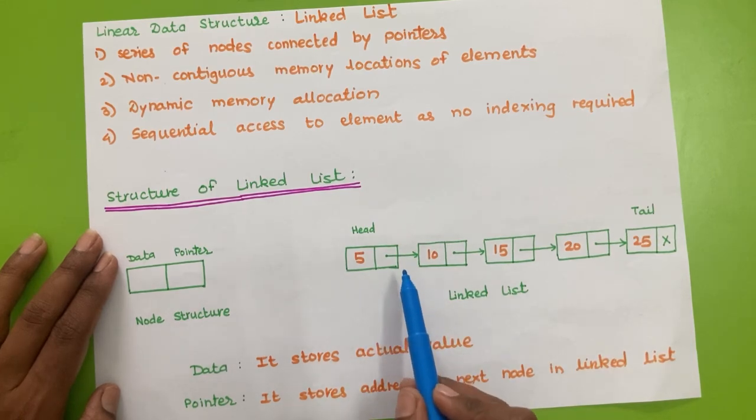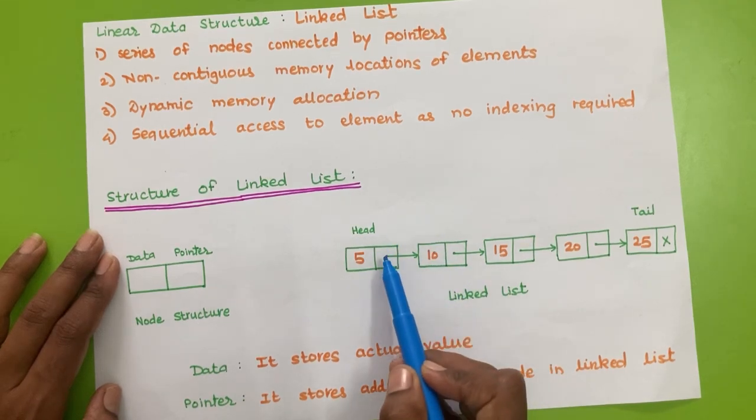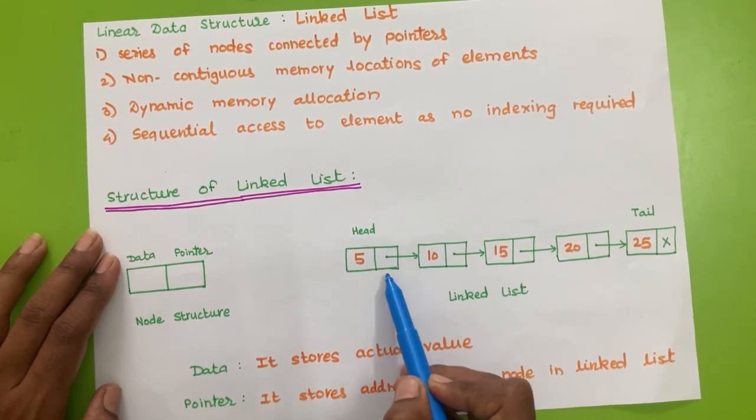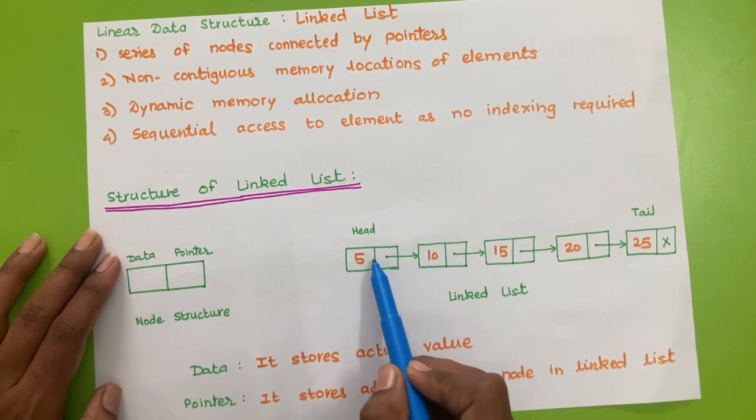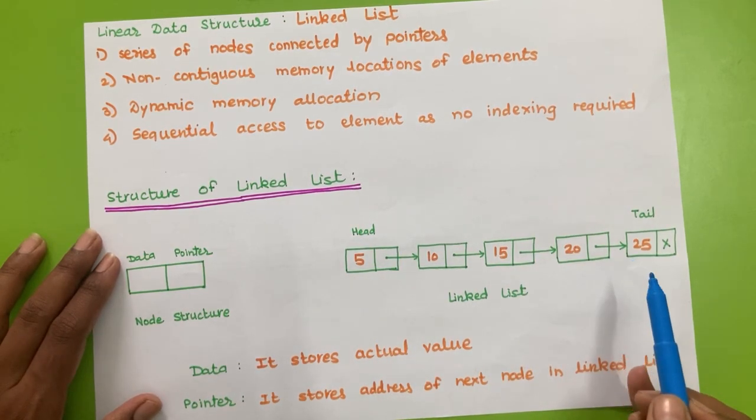So we have to know the address of the next node. That's why it is stored in the pointer field of the previous node. With the help of that pointer field, we can traverse the nodes in the linked list.